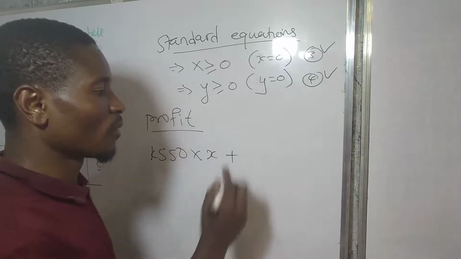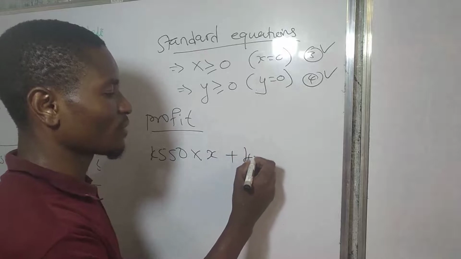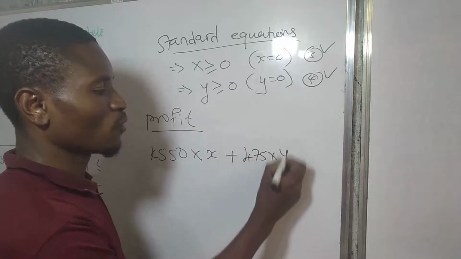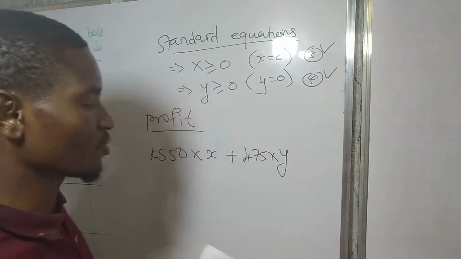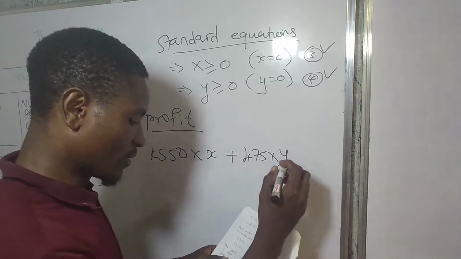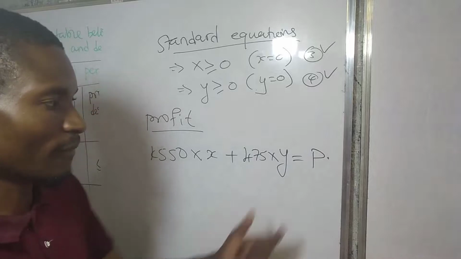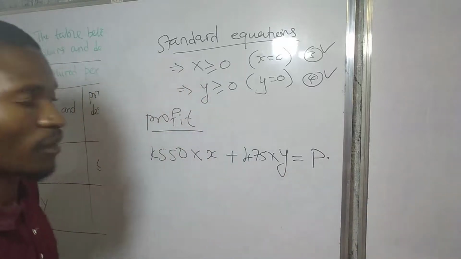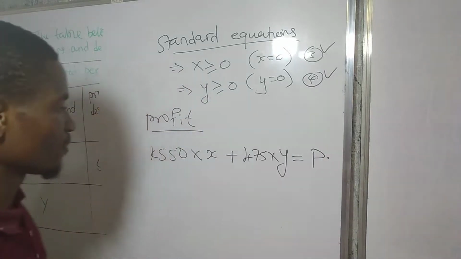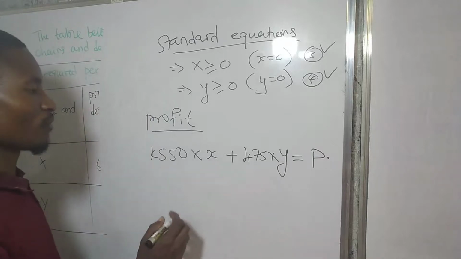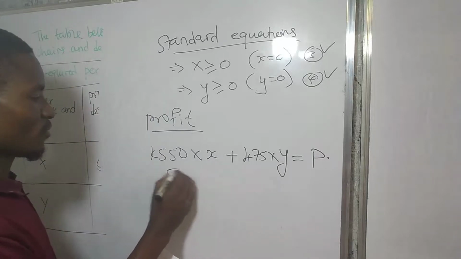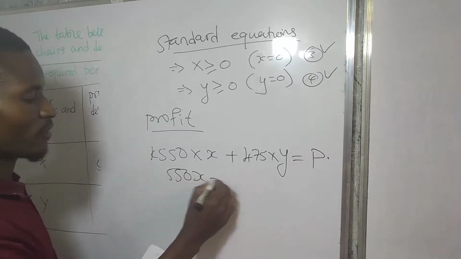Okay, so we want to say how much did we make for all the chairs. Okay, and this should be equal to the profit, the summation of the profits. Okay, so you do that. This is going to be 550x plus 475y.